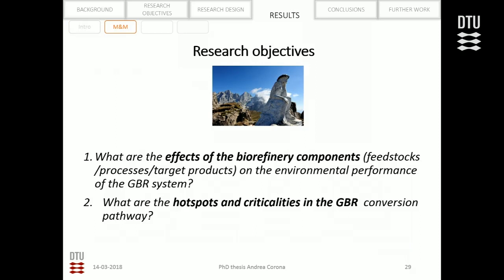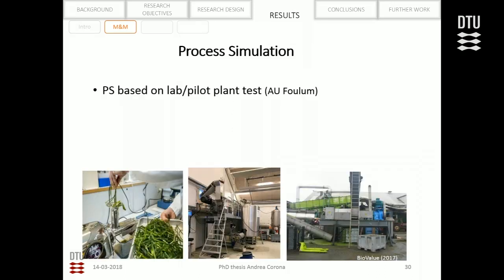So the objective of this case is to investigate the effect of the different biorefinery components, so the feedstock, the processes, and the products, on the environmental performance of the biorefinery. And the second is to provide hotspots and criticalities in the conversion pathway for the technology developers.